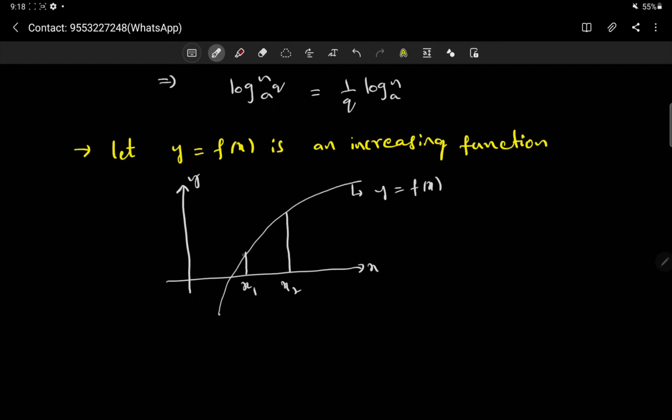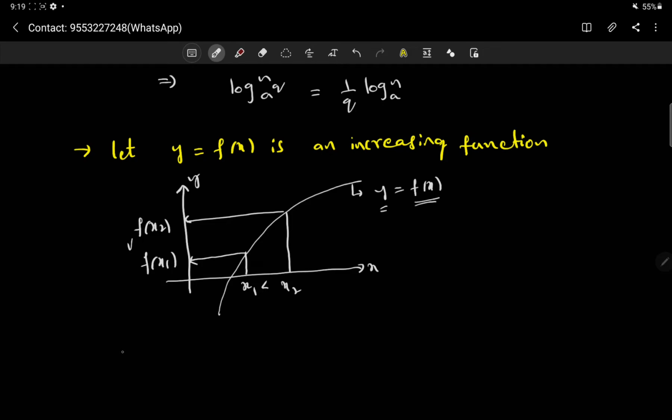When we are substituting x1, the value of y we are going to get on y axis is f of x1, and on substituting x2, we are going to get f of x2. So x1 less than x2 and f of x1 less than f of x2, that we are getting, right?